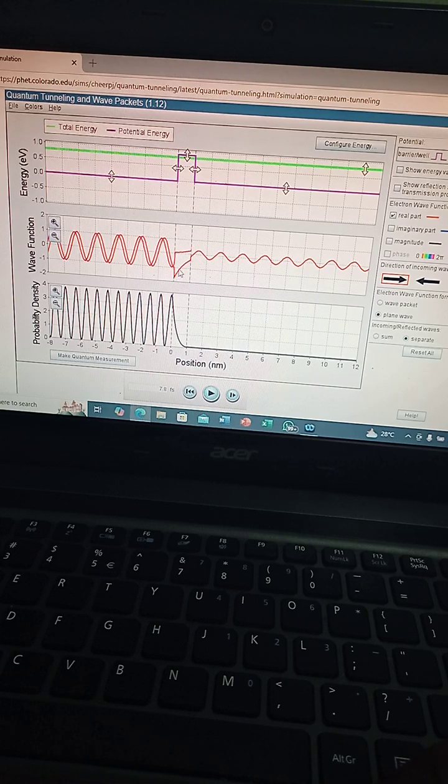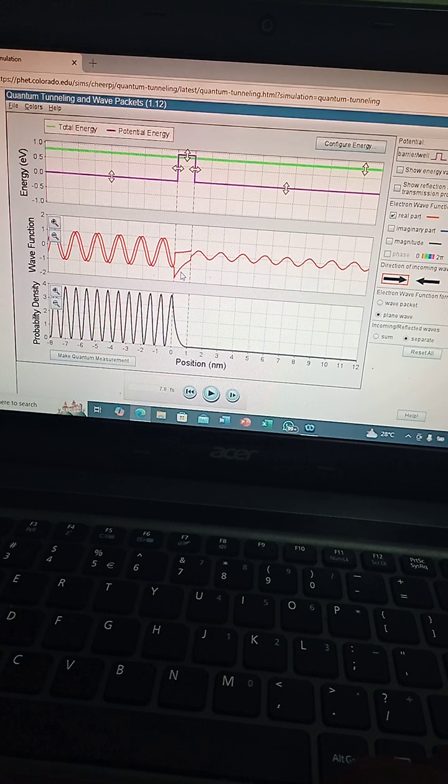Then the exponential decay represents the other solution of the second-order time-independent Schrodinger equation, which is exponential minus kx.